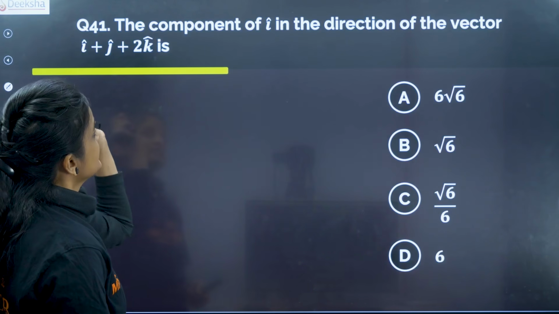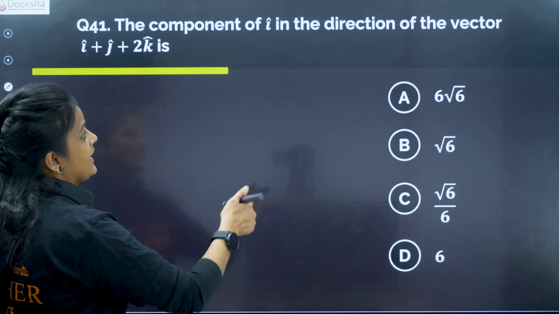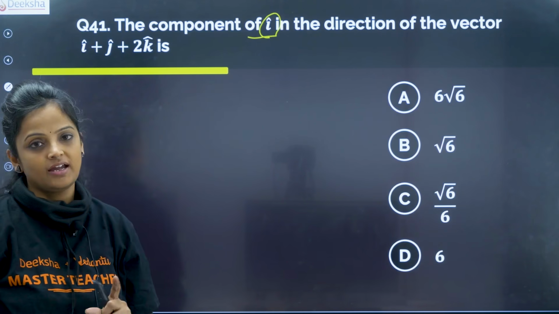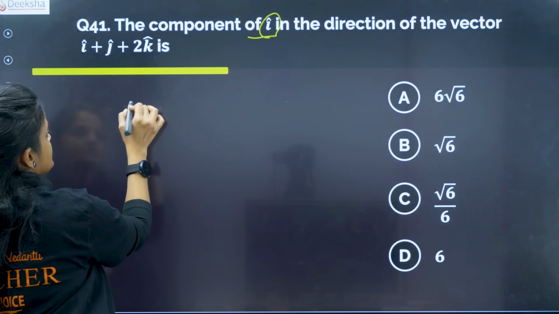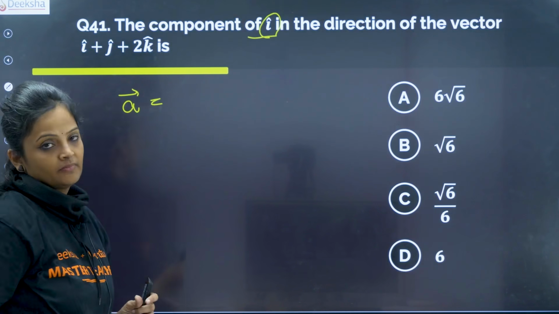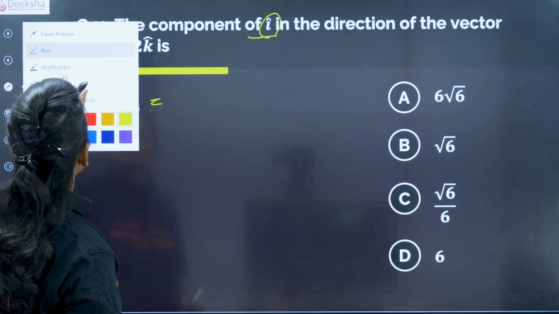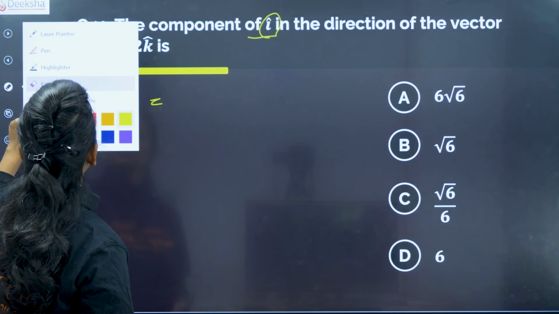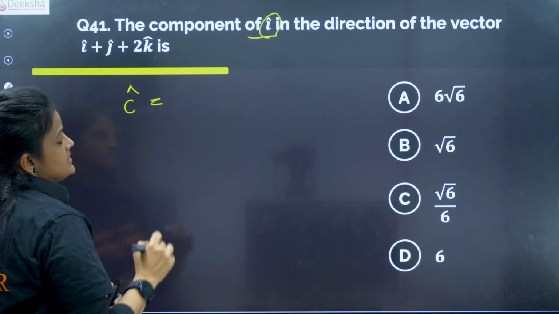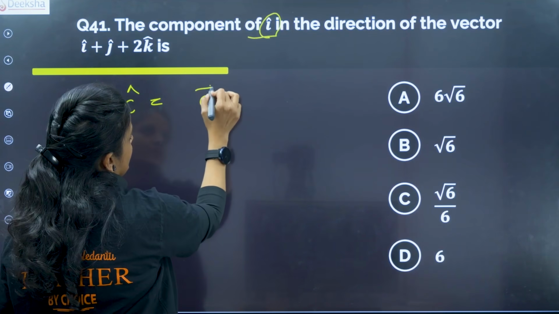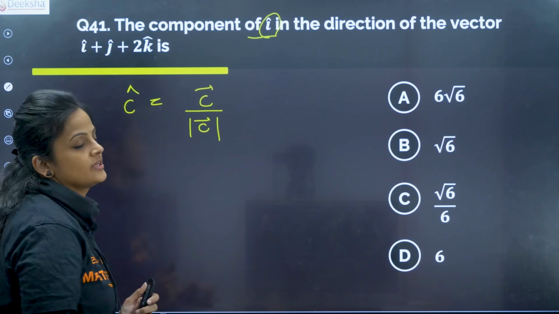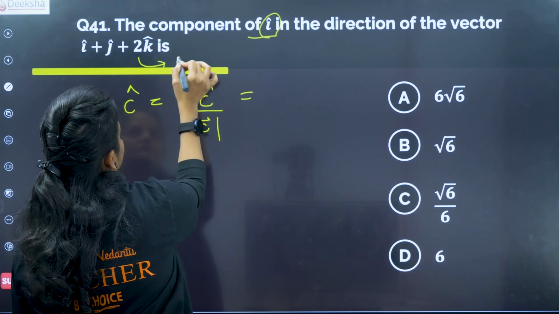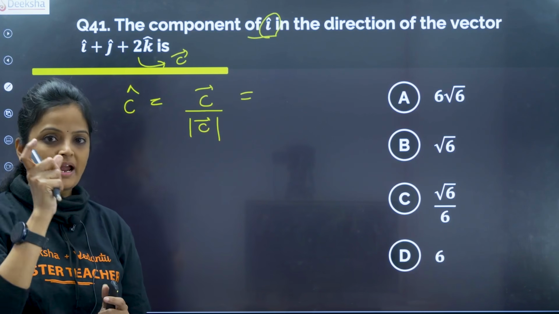41. The component of i cap unit vector in the direction of the vector they have given. So let's take it as a vector. Okay, we have used ABC, I am taking C. So let's take C cap unit vector. C cap is equal to C vector divided by magnitude of C vector. Let this given vector be C vector. I need its magnitude.